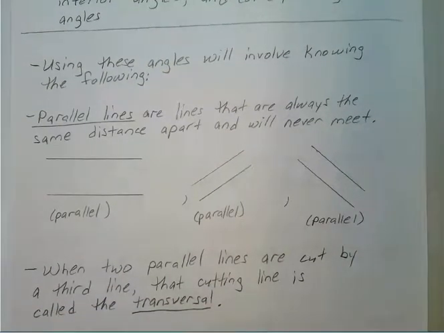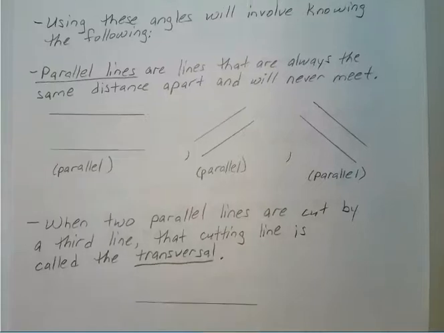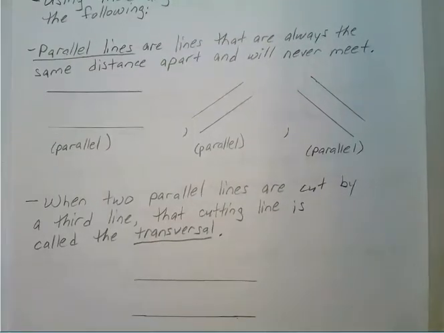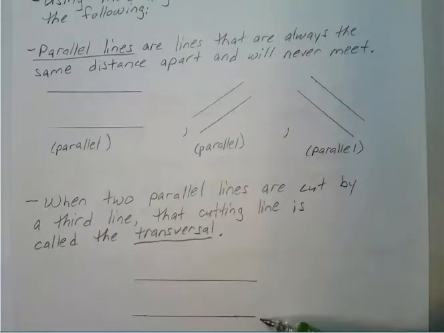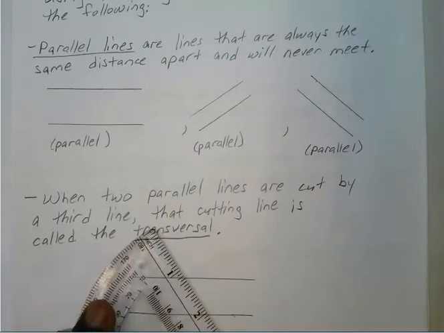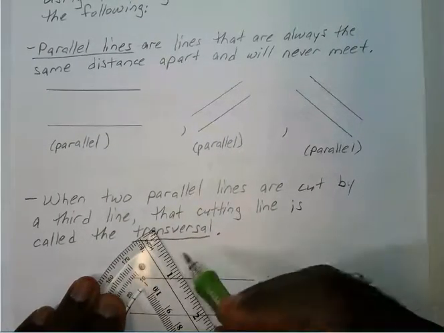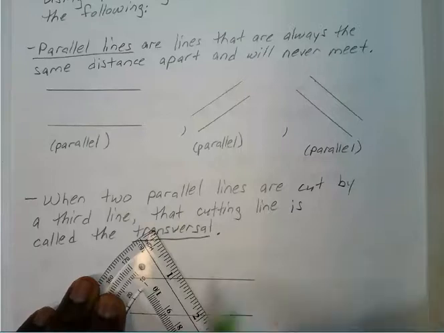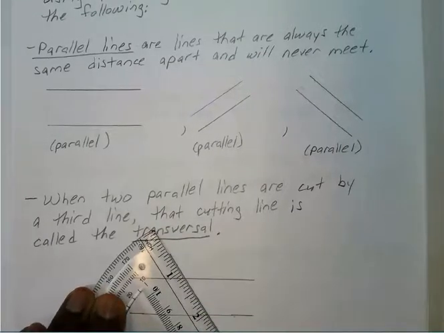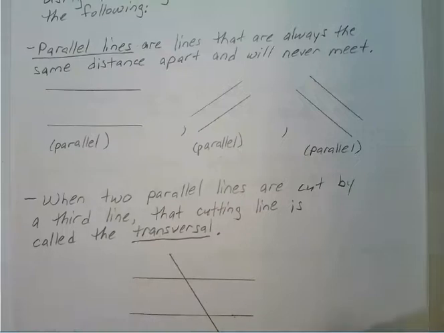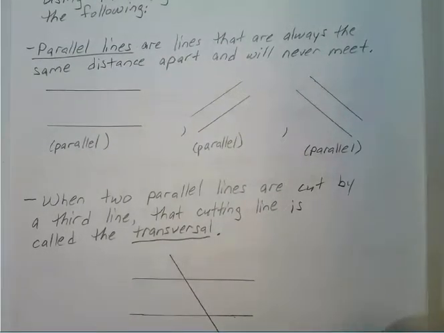Now, when two parallel lines are cut by a third line, that cutting line is called your transversal. Let me get my protractor. So you have your two parallel lines, and if you cut this line in this direction, it doesn't matter which direction, if you cut those two parallel lines, this line here is called your transversal.